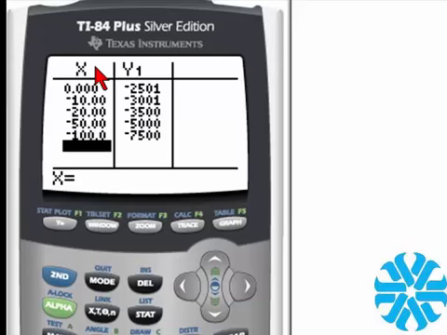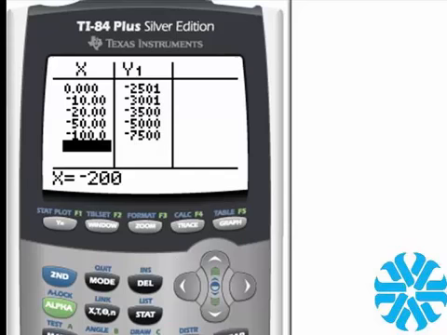So let's take a look at what's happening. As we go further and further out on the x-axis with the negative integers, the outputs are getting smaller and smaller. Okay? So let's keep going and see if it still holds the same pattern.